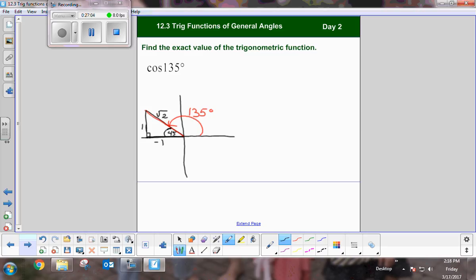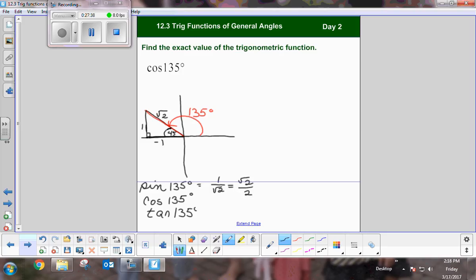Okay, so what is my sine of 135, my cosine of 135, or my tangent of 135? What are they? So sine is opposite over hypotenuse, so it's 1 over the square root of 2, which is the square root of 2 over 2.